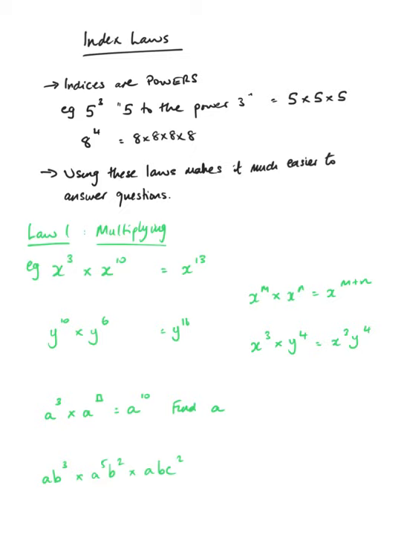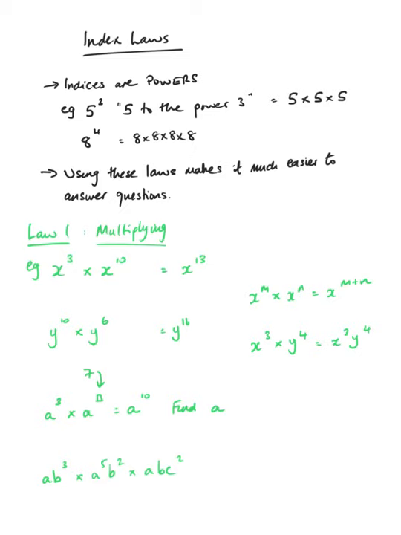If we think about it just slightly differently, a to the power 3 times a to the box equals a to the 10. Well, in the box I'm going to have 7, because 3 plus 7 is 10, and I'm adding those powers. We can do it with various letters as well, something like this, ab to the 3 times a to the 5b squared times abc squared.